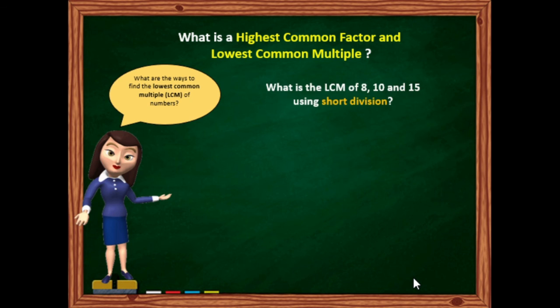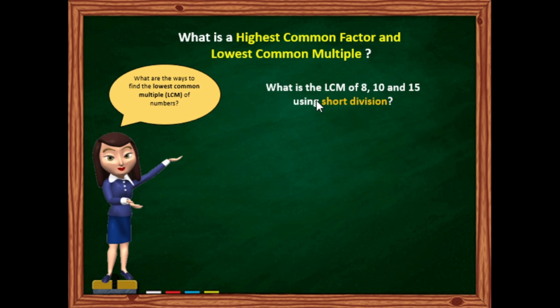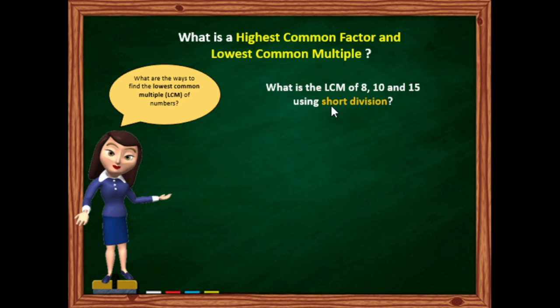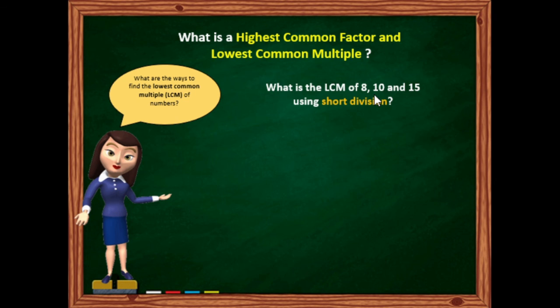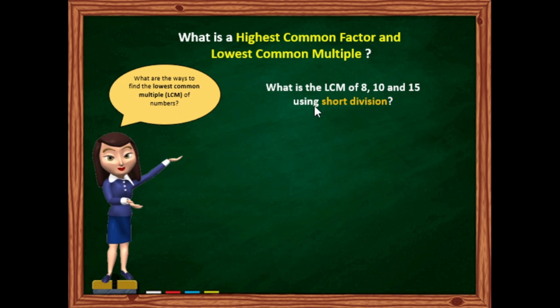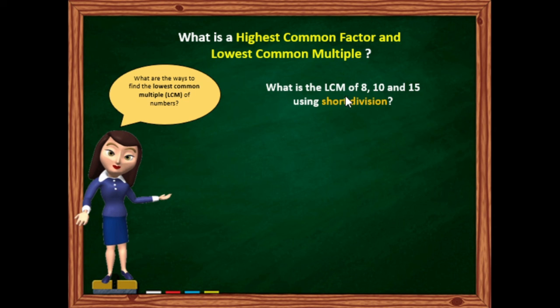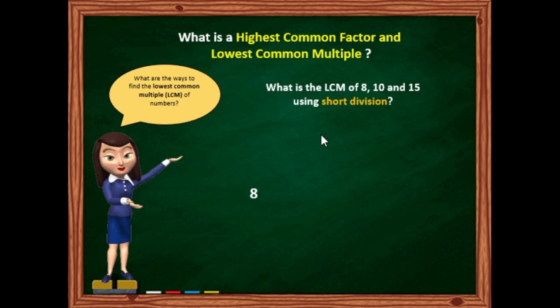Another one. Let's use short division to find the lowest common multiple. What is the LCM of 8, 10, and 15 using short division?